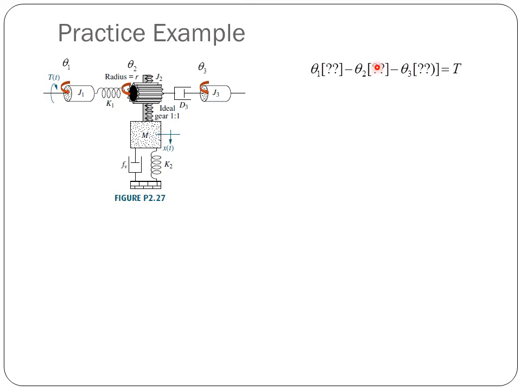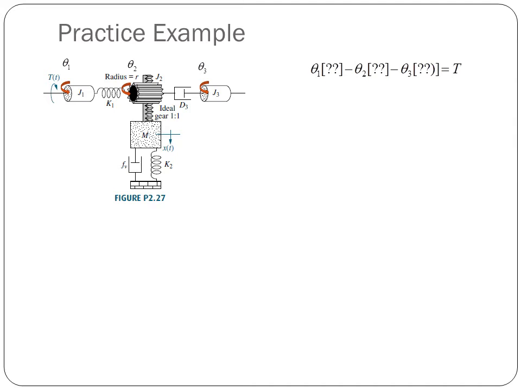So we'll write it here because we are writing the equation based on theta 1. The common part will appear between theta 1 and theta 2 along with theta 2. So the k1 should appear here, but there is no shared impedance between theta 1 and theta 3, so there should be a 0 here, and the T should appear on the right side. So this is equation number 1.